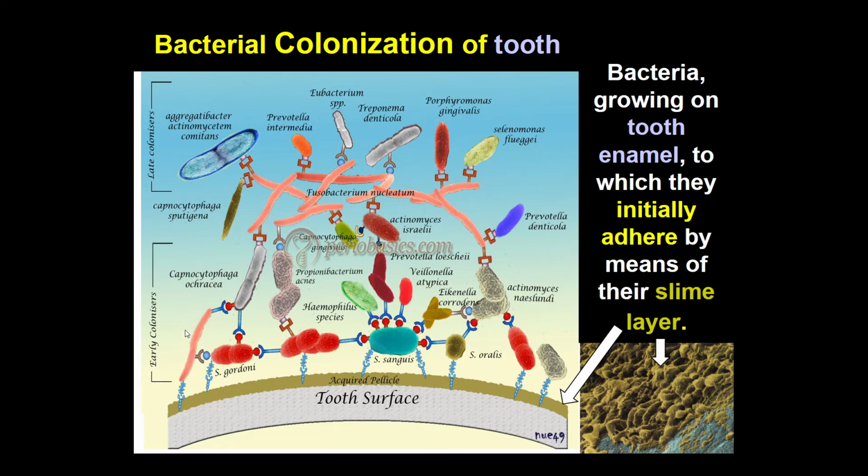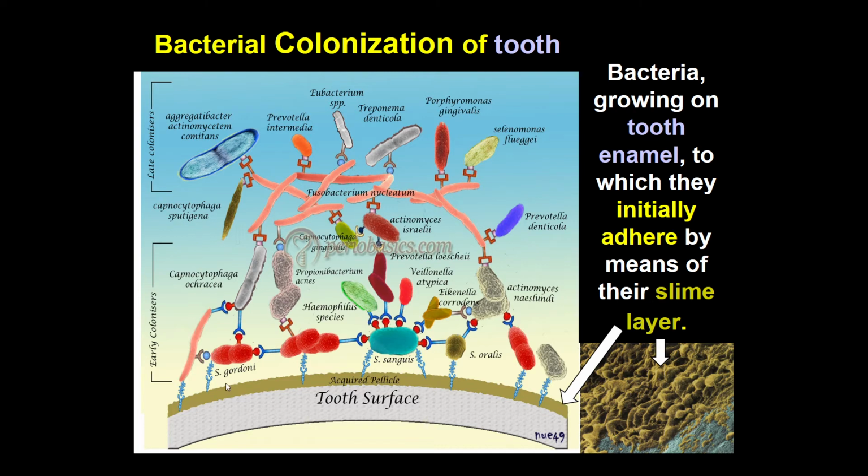All these microorganisms occur on the surface of the tooth and are integrated in the depth of the slime layer. Really, the slime layer is larger than only this green layer intimately attached to the tooth surface.